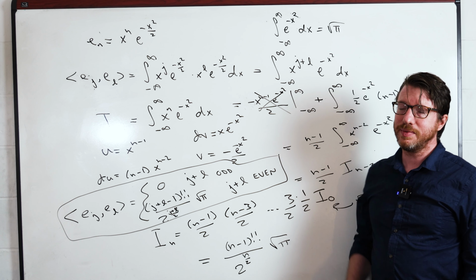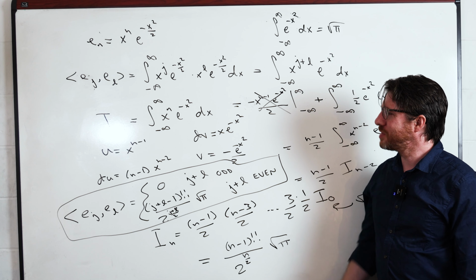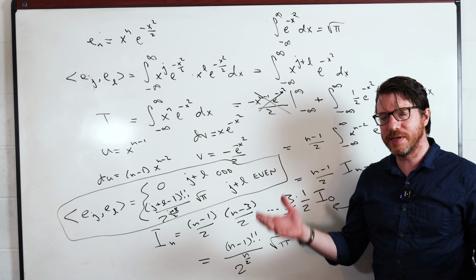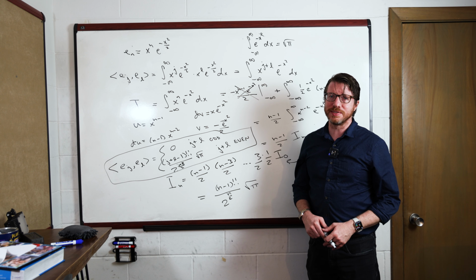Okay. Now with that, I think I'm done here at the board, and we can finally finish writing up our code. So let's take a look at the code that I put together, and we'll wrap this up.